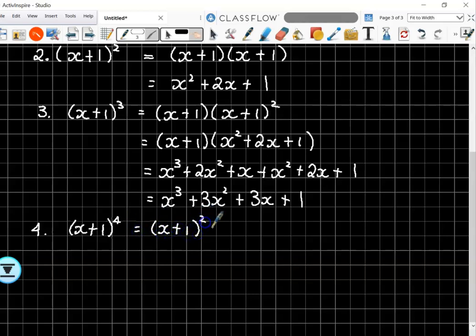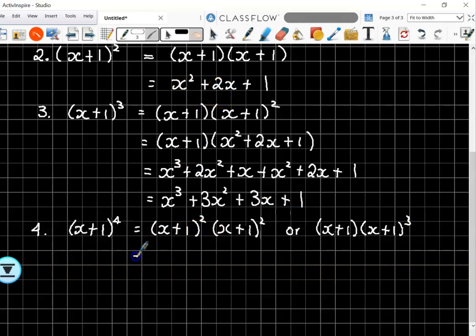Good. You could go x plus 1 squared times x plus 1 squared. Or you could go x plus 1 times x plus 1 cubed, because you've got now your x plus 1 cubed up here. Or if you're using this, you've got your x plus 1 squared up the top. Does that make sense?